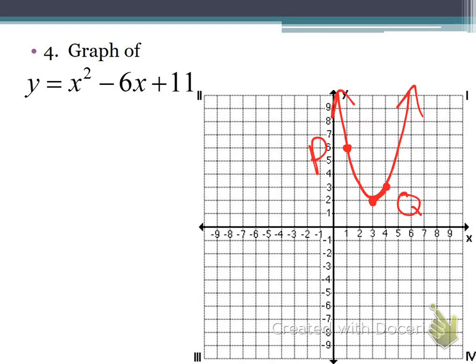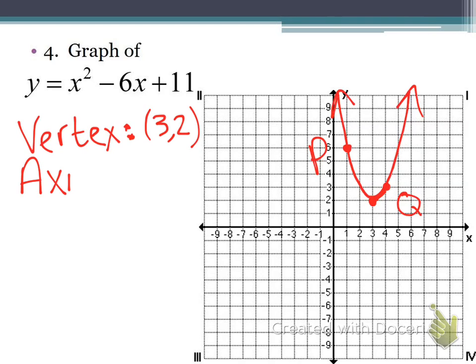All right, when we identify our vertex, we look for the highest or lowest point. So I kind of already gave it away. Where's our vertex? 3, 2. That's the lowest point. Our axis of symmetry is going to be a vertical line. Where is it going to go?